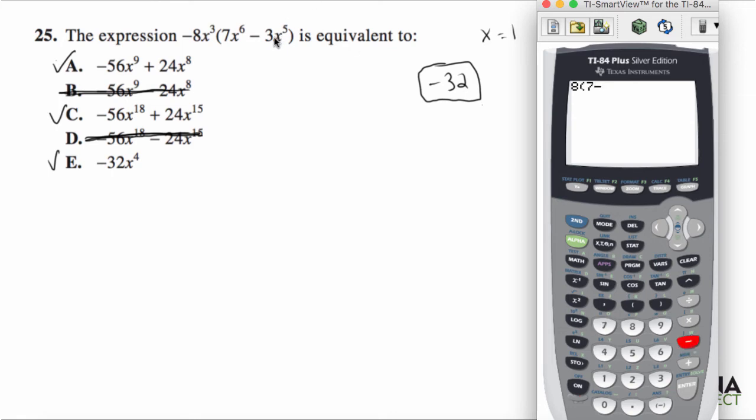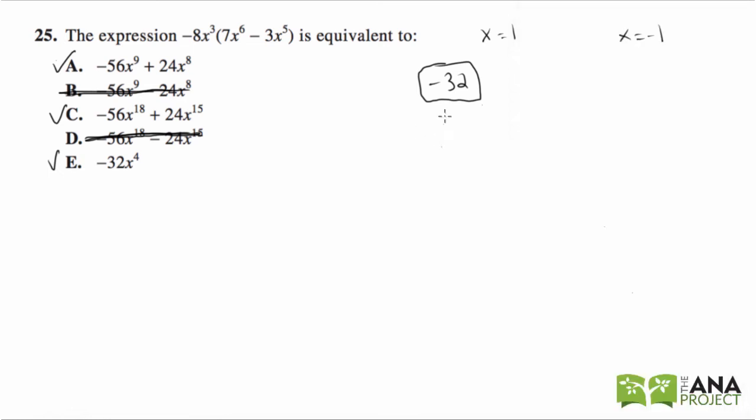Minus, well, actually, negative 1 to the 5th is negative 1. So this would be minus 3 times negative 1. We get positive 80.